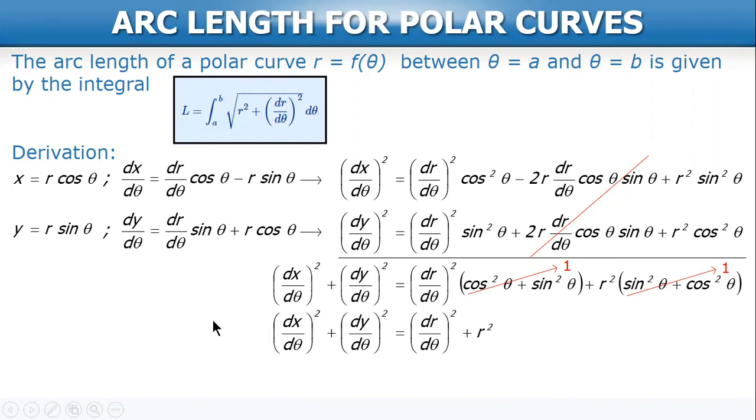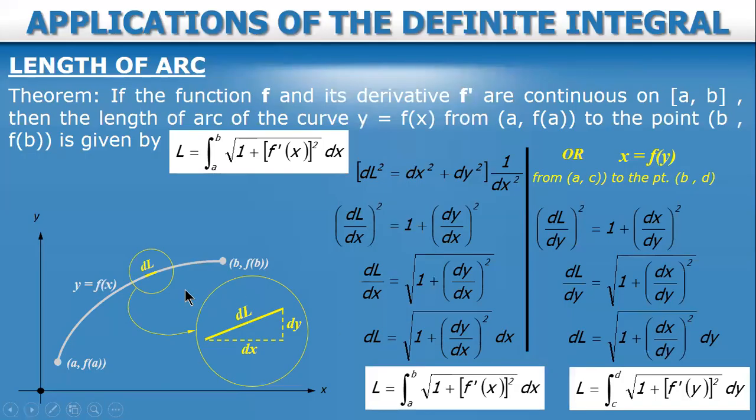Now, if we recall this one, dx over d theta squared plus dy over d theta squared. For the length of arc, whether it's a polar curve or an algebraic function, when we consider a small length, we can assume that it is a straight line. So, for dl, draw a triangle, we have dx and dy. And using the Pythagorean theorem, this is the result. Right? dl squared equals dx squared plus dy squared.